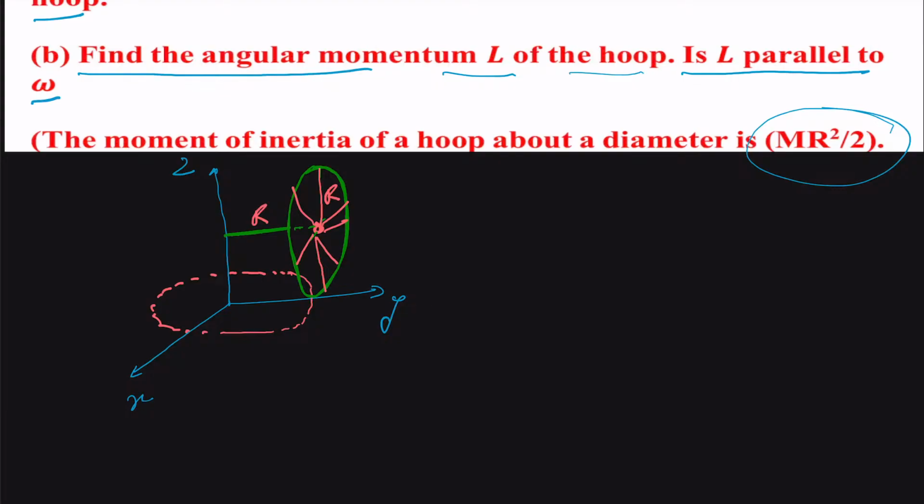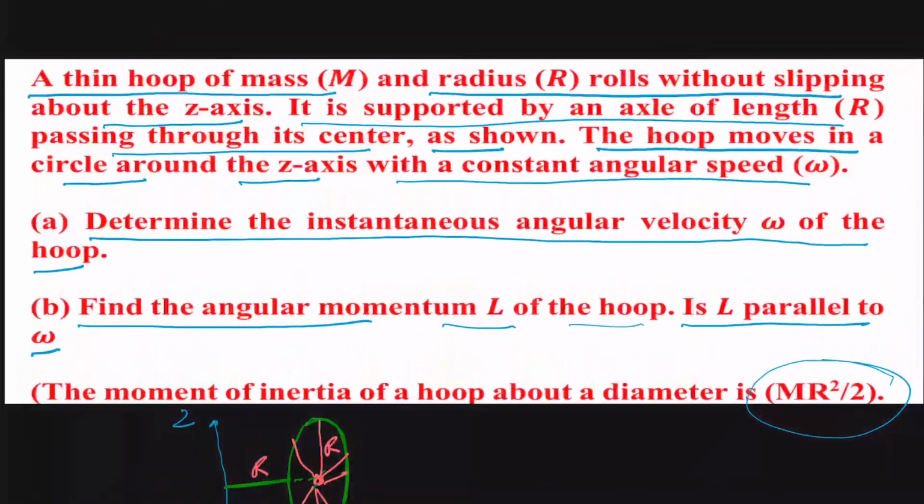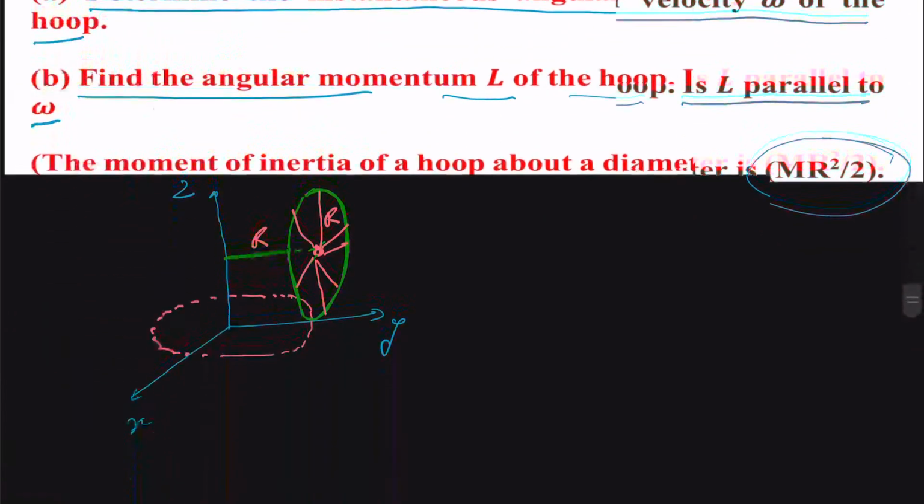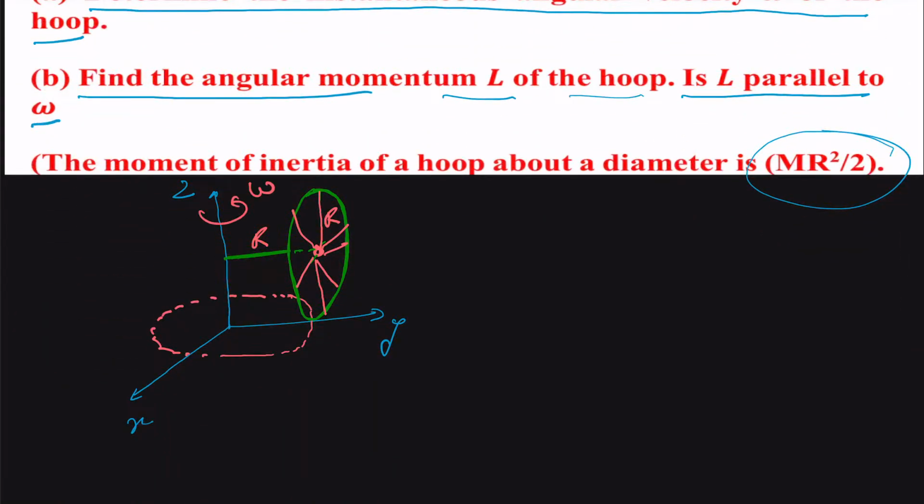And it has a constant angular speed omega. So it is moving with the angular speed of omega, rotating about the z-axis with the angular speed of omega. So there will be two types of angular velocity: the spin angular velocity, and then the angular velocity with respect to the z-axis.